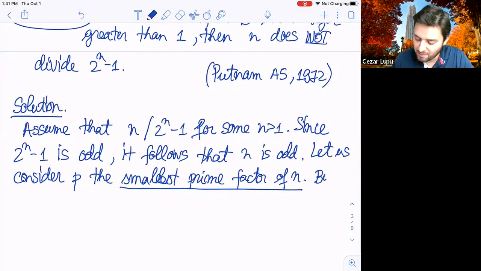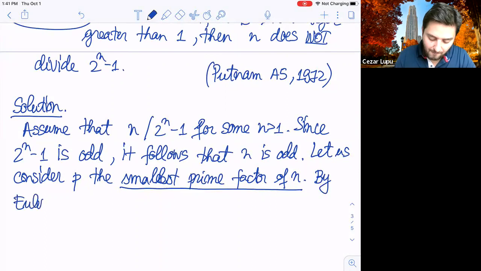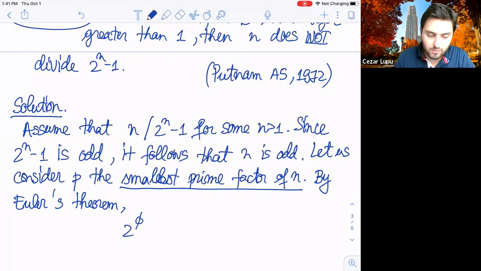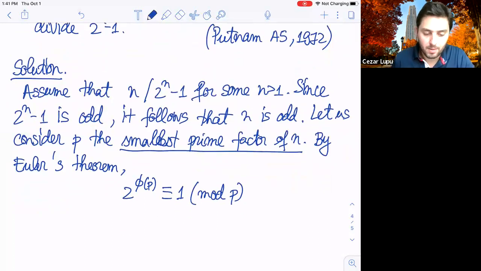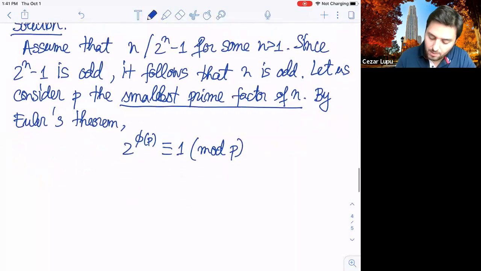By Euler's theorem, it follows that 2 to the power phi of p, of that prime factor, is 1 mod p. Keep in mind here that p is odd.